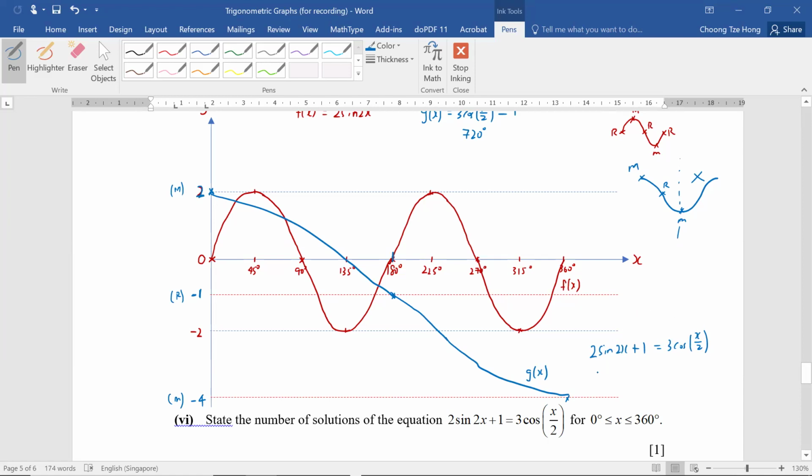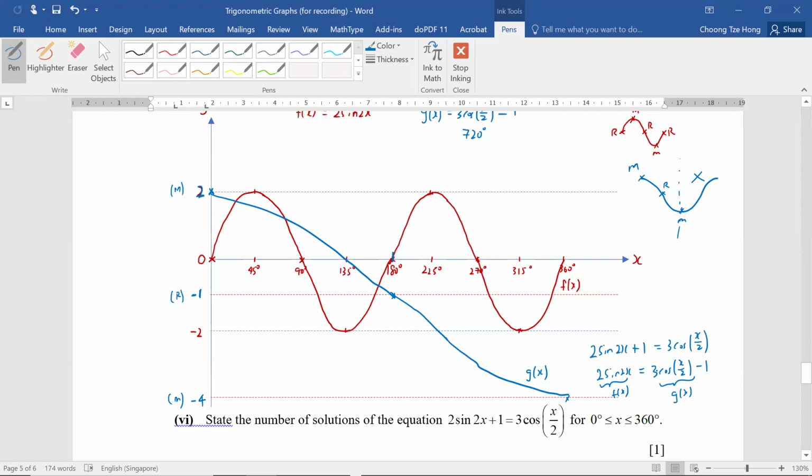If you just shift the 1 to the other side, then you will get 3 cosine x over 2 minus 1. This one is actually gx, and this one is fx. So this equation is fx equal to gx, which means that the number of solutions is the number of intersection points between fx and gx.